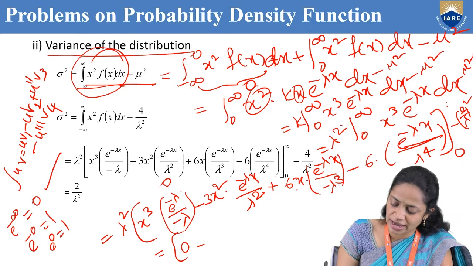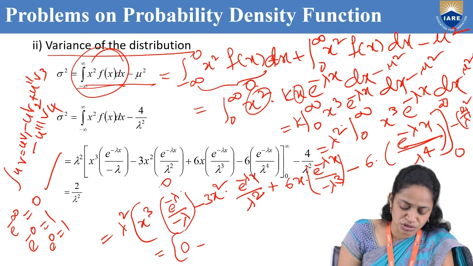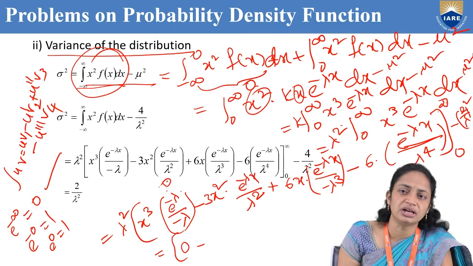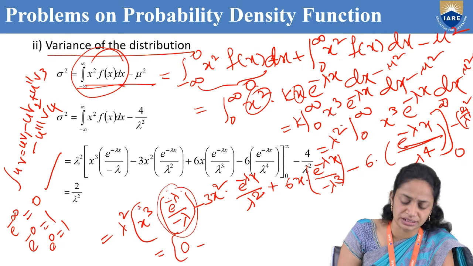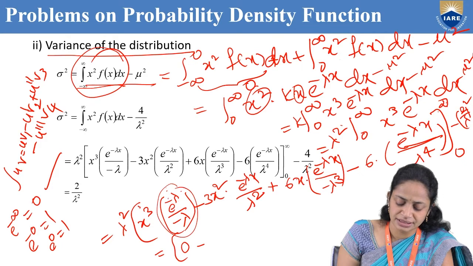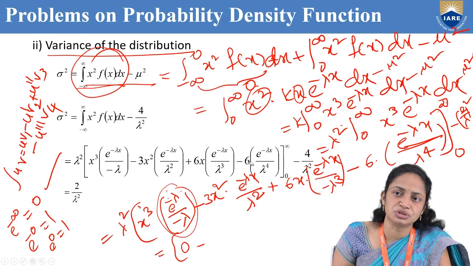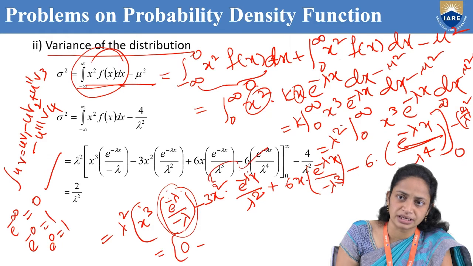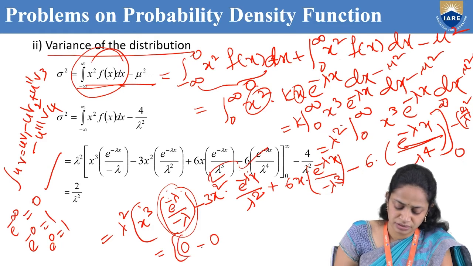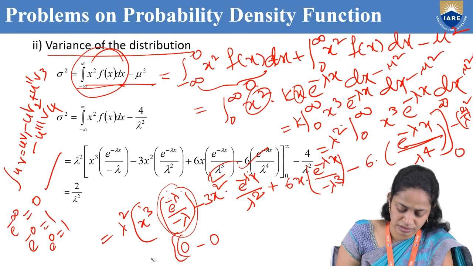Now I am substituting the upper limit first, in the e power. So e power minus infinity is 0, and 0 into anything is 0. Minus 3x square, but here also I am substituting infinity in the e power place. So e power minus infinity is 0, and 0 into anything is 0.